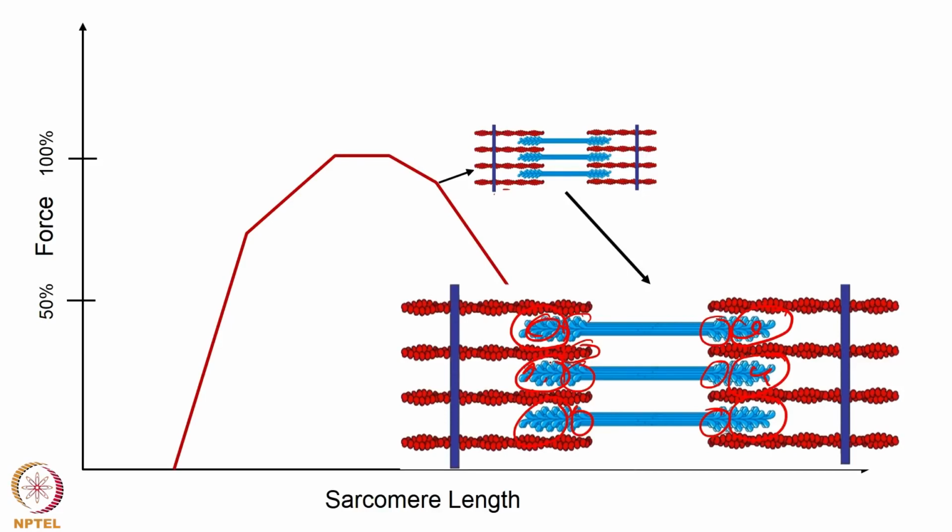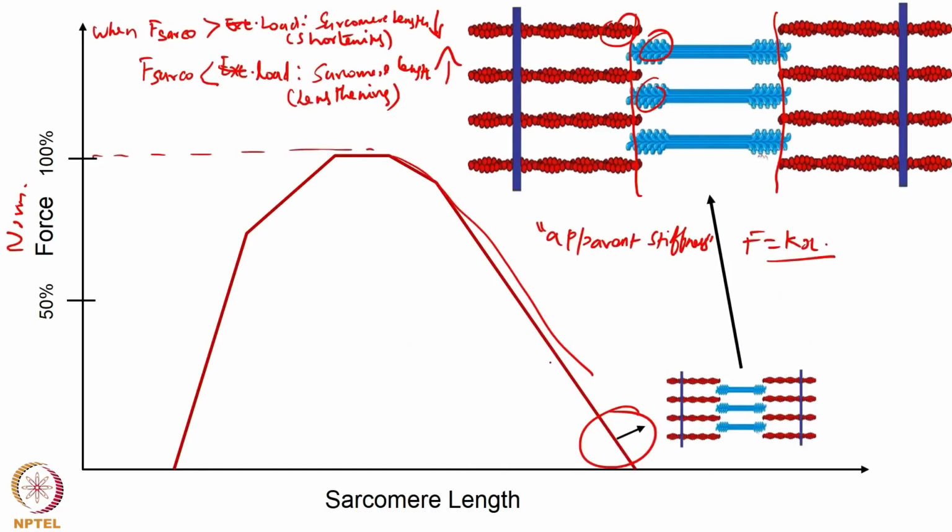There are a bunch of steps in the cross bridge cycle or in the sliding filament theory that will have to be repeated. The speed at which these steps can happen, the rate at which the cross bridges can be formed, limits the rate at which the muscle can contract, right.